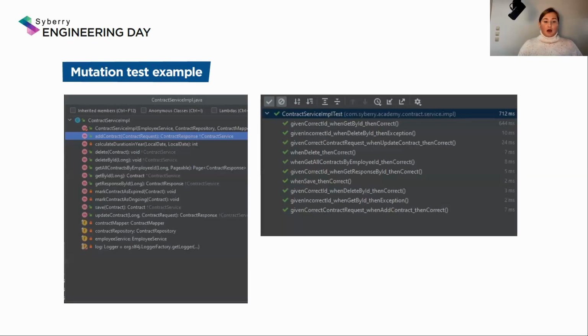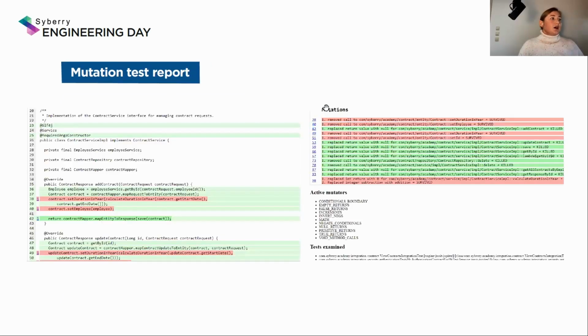And now I would also like to check the capabilities of mutation testing on an example. For example, there is the same class which we saw when checking the code coverage example. Here we can see that we have the contract service implementation class. Here there are its methods.